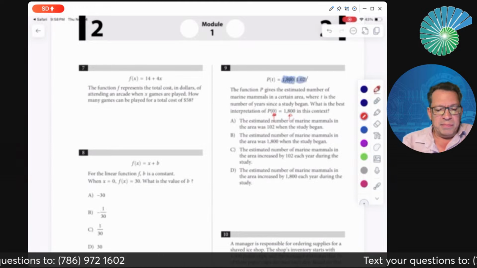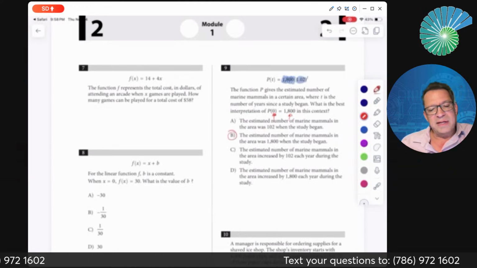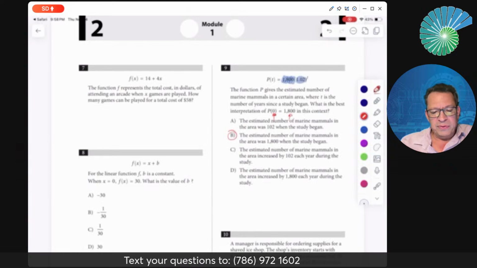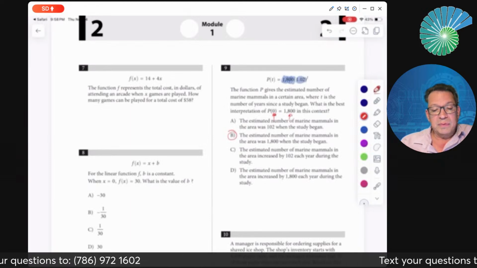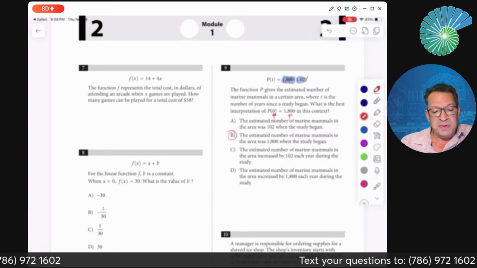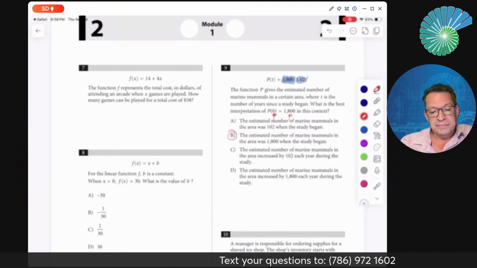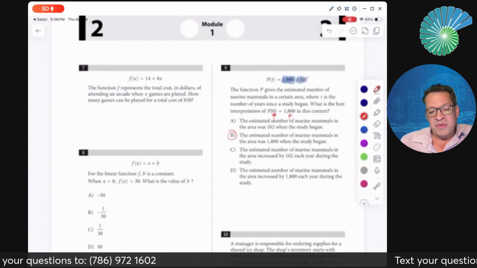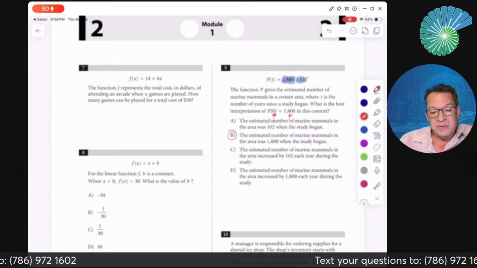So the answer has to be B because that's the initial value. This is the estimated number of marine mammals in the area, which is 1800 when the study began. Obviously, it's not A because it says the estimated number of marine mammals in the area was 102.